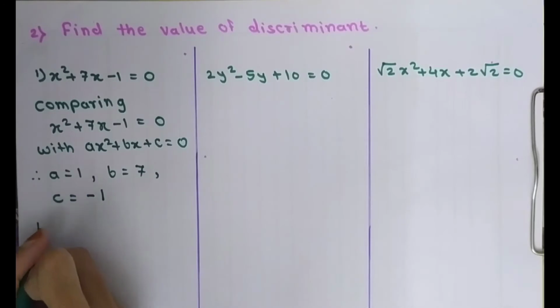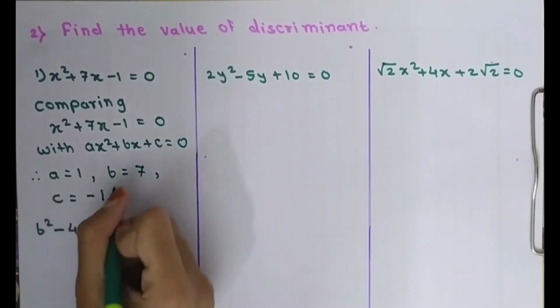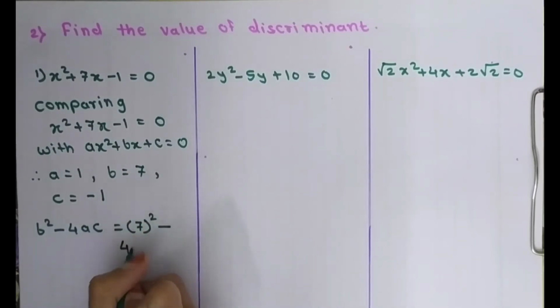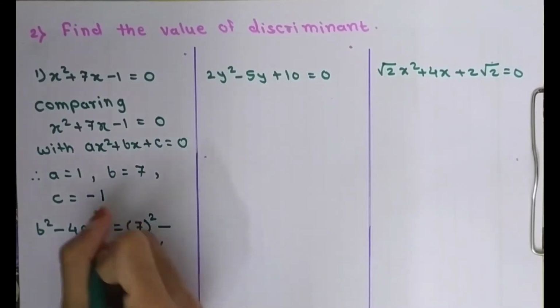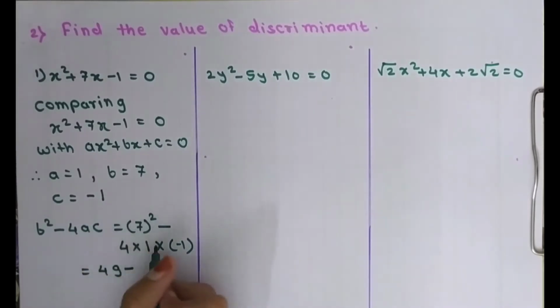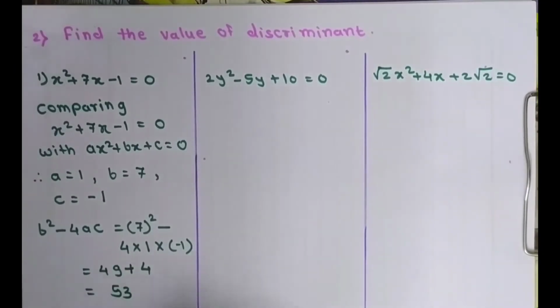So b square minus 4ac is equal to 7 square minus 4 multiplied by 1 and minus 1. 7 square is 49, and minus 4 times minus 1 gives plus 4. 49 plus 4 is equal to 53.